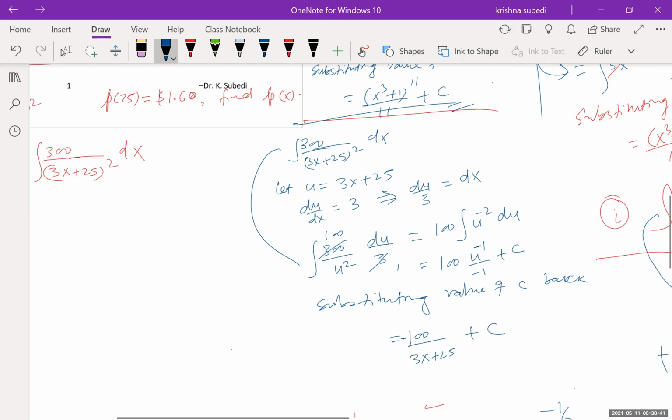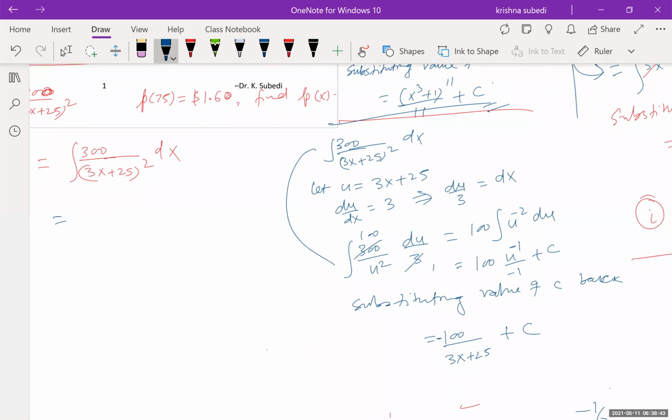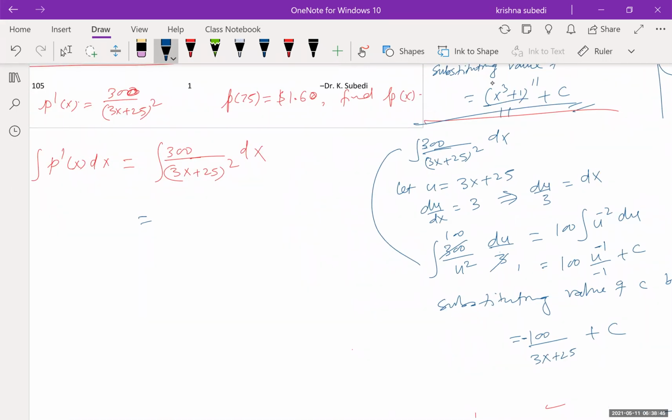So P of x is negative 100 over 3x plus 25 plus c. That's all we got. Now the question is we need to find the value of c, because in order to find the exact price function, we need to find the value of c.